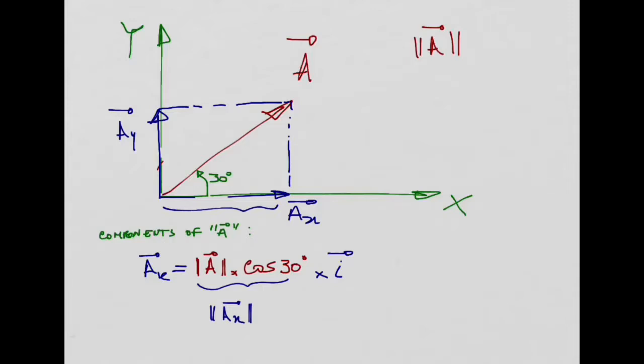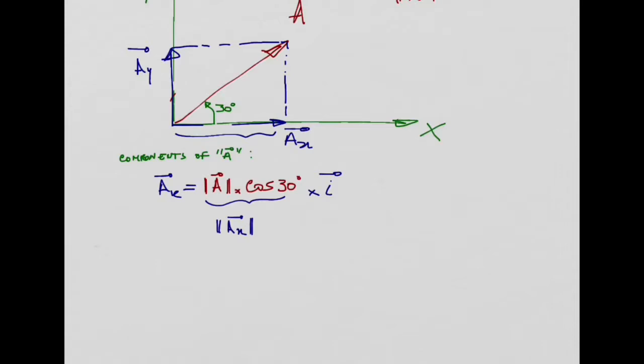Sorry, this is AX, you're correct. Then AY is going to be again the norm of A times what? Sine, very good, sine of 30 degrees. And this is along my y direction, which is defined by this unit vector j, right?